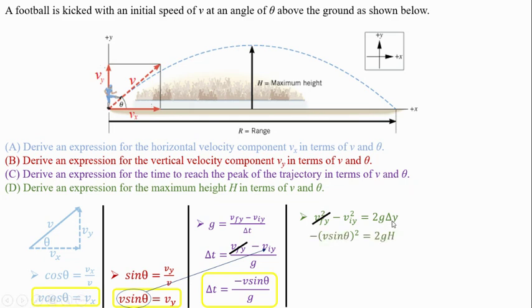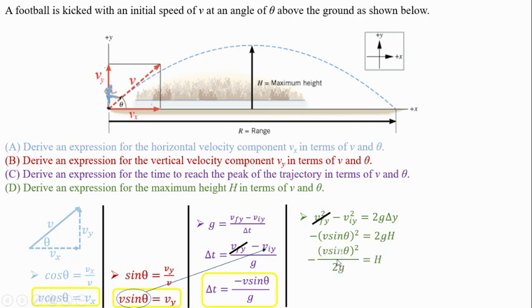So delta y here got replaced for h, or you can keep it as delta y, doesn't really matter. VIY got substituted for v sine theta. So if you kept up with the work for part C, Vy is v sine theta. So VIY is just v sine theta. And then the square remains on the outside of the parentheses here.